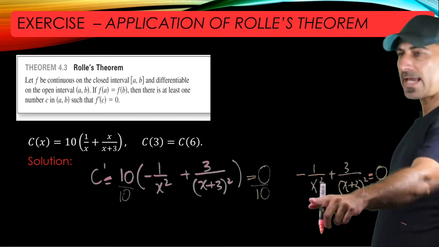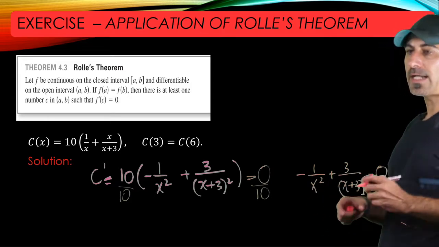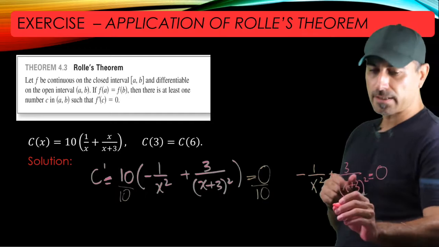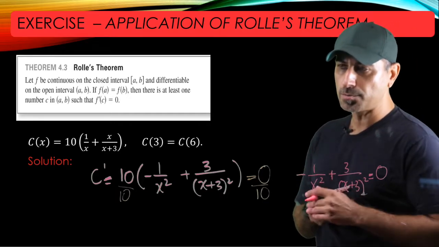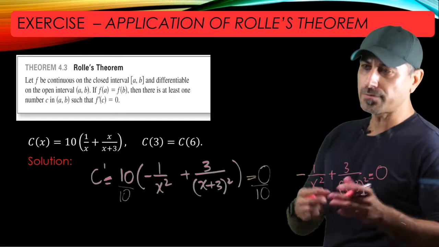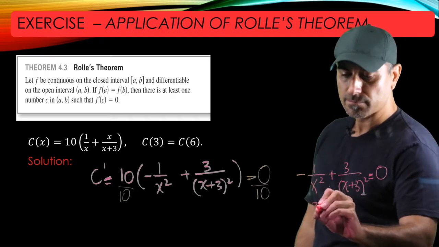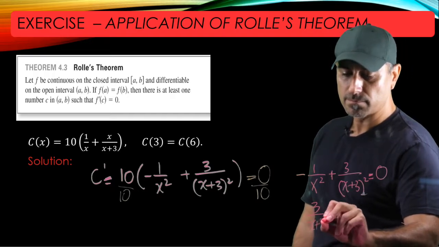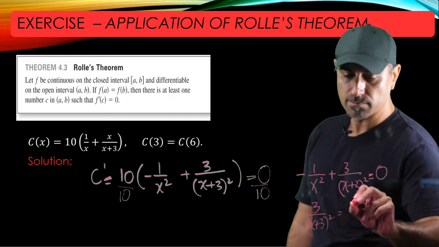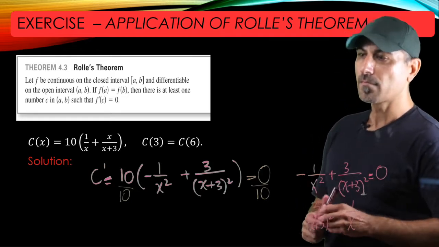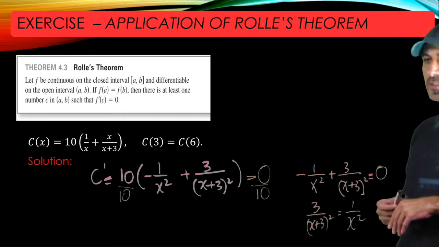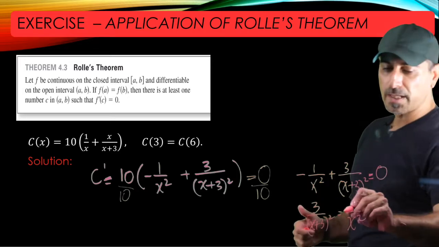So why don't we add 1 over x squared to both sides of the equation, to set the equality to the equality of two quotients.